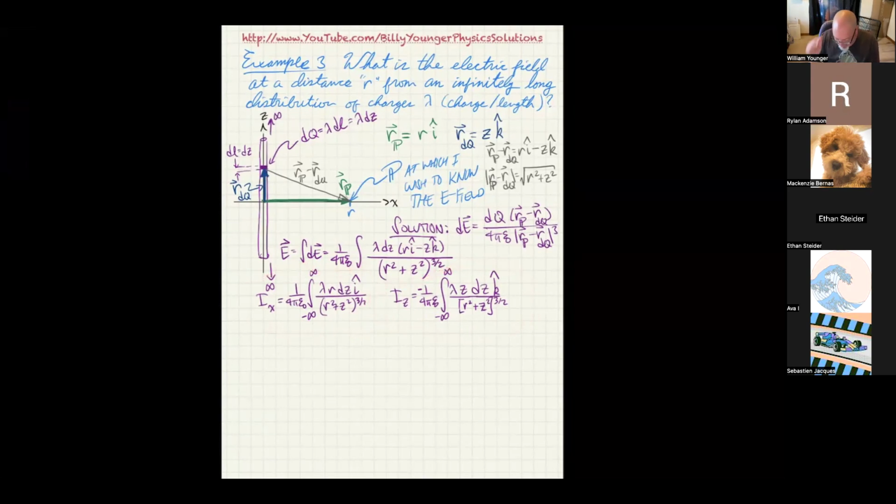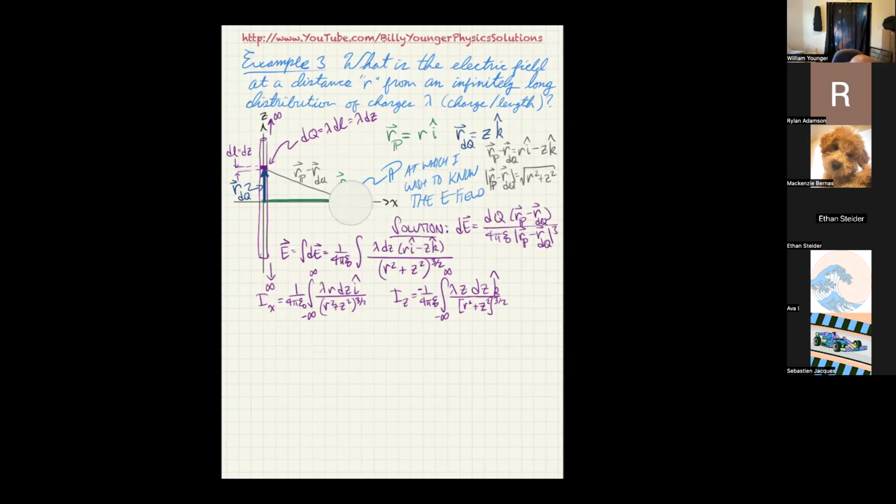Let me draw another color. I'm going to say this lime green.